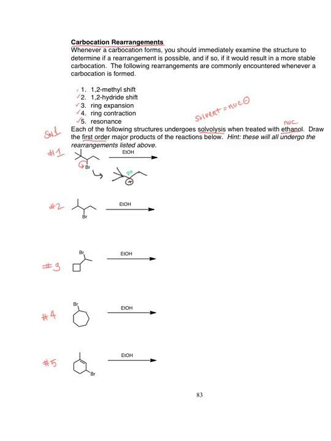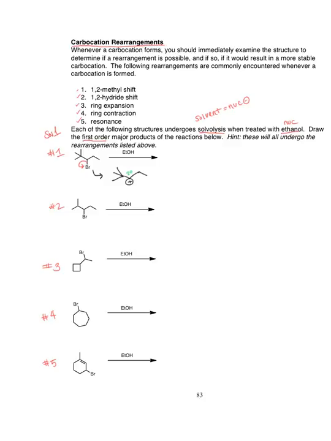We look at the carbons adjacent to the carbocation. This one has 2 H's and a C. This one has lots of methyls. So that kind of screams out to you, we can do a 1,2-methyl shift. If we take one of those methyls and bring it over here, then we have a carbocation here instead of there, and that would give it a bigger substitution pattern, namely tertiary. So let's go ahead and do a 1,2-methyl shift.